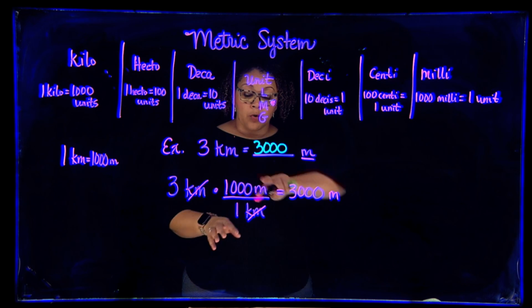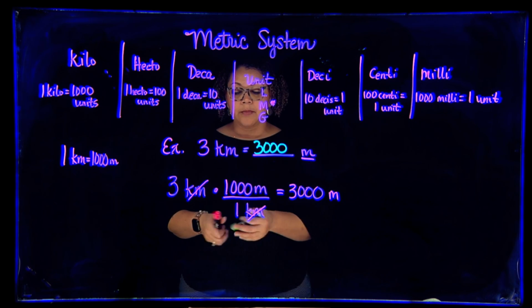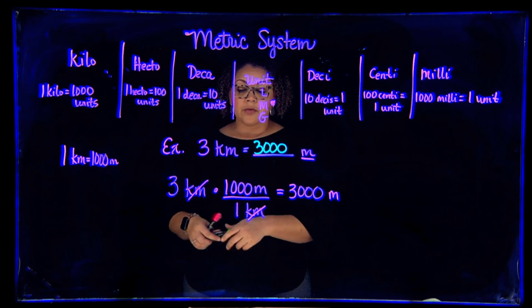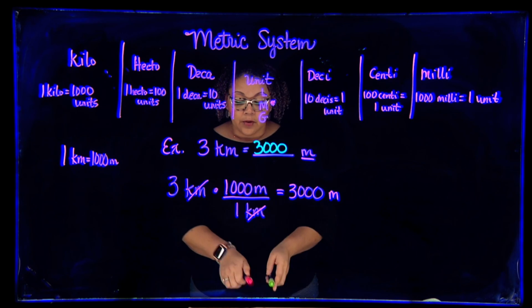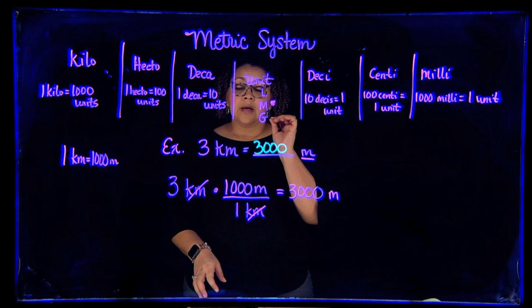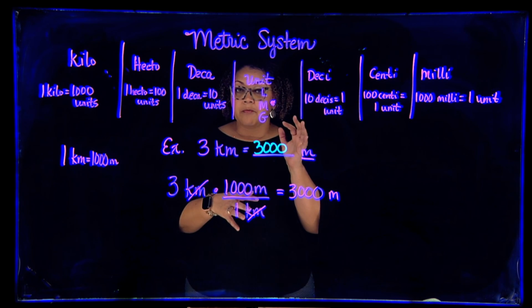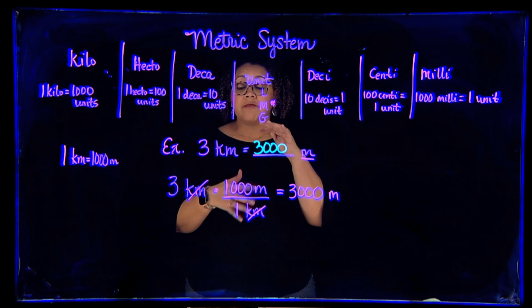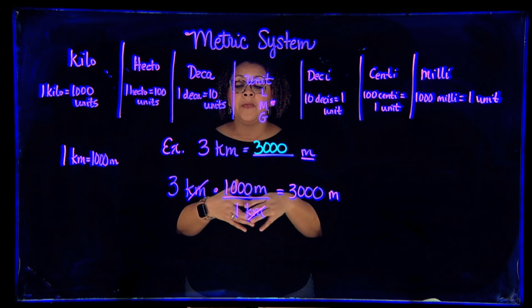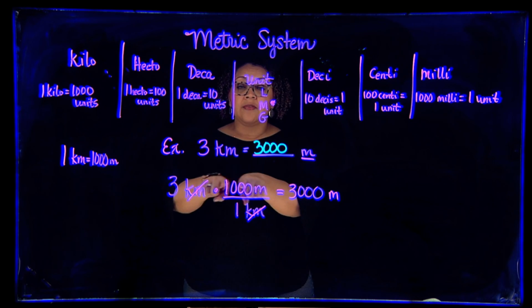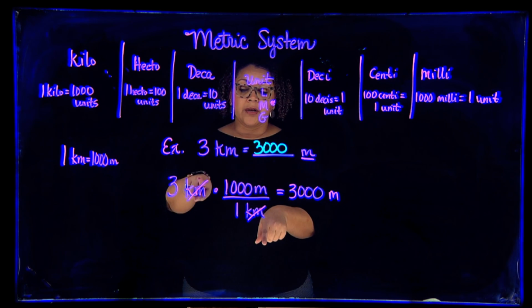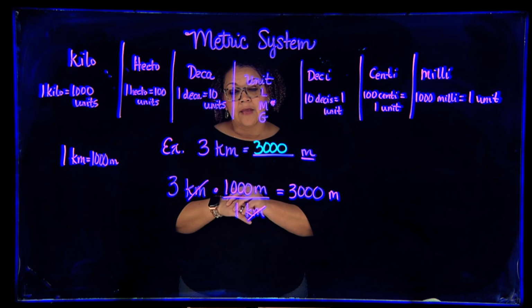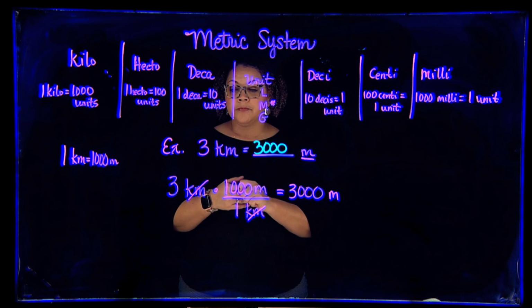So if I wrote this the opposite way, 1 kilometer over the 1,000 meters, I wouldn't have anything to reduce out. So that should be a sign that you might have made a mistake in the way that you wrote it if you had the same units in the numerator. So you want the same units diagonal to each other, one in the numerator and one in the denominator to solve.